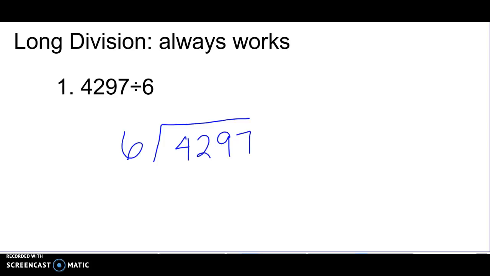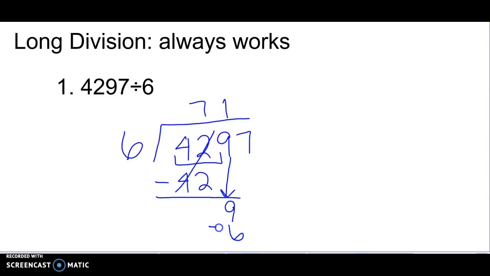And then, how many times does 6 go into 42? Multiply them together. And then subtract. Of course, those cancel because we set it up that way. Bring down your 9. How many times does 6 go into 9?